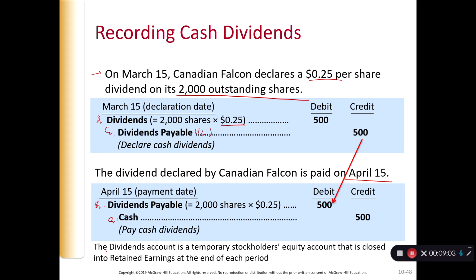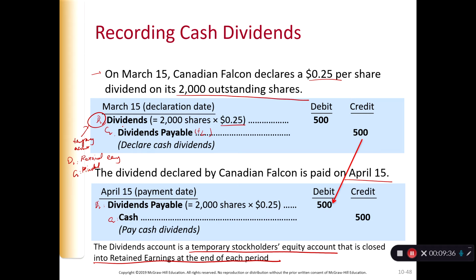So, in other words, the dividend account is a temporary stockholders' equity account that will be closed into retained earnings at the end of each period. Okay, so remember, this dividend account is a temporary account. When we close dividends, what we do is debit retained earnings and credit dividends, right?